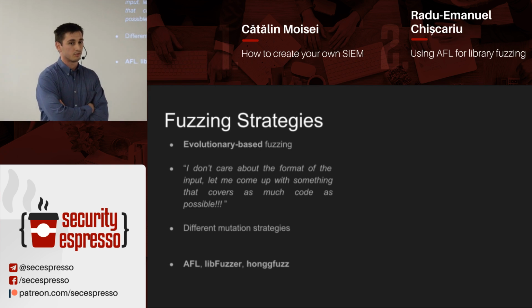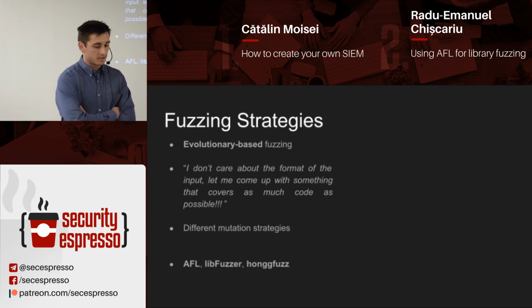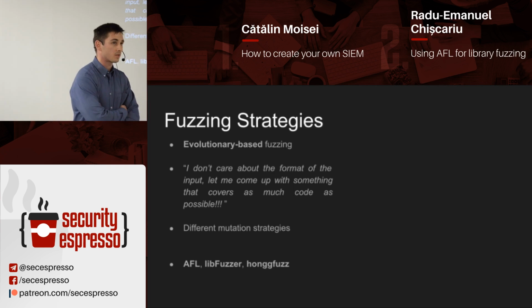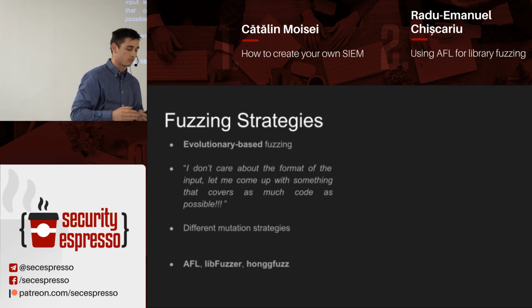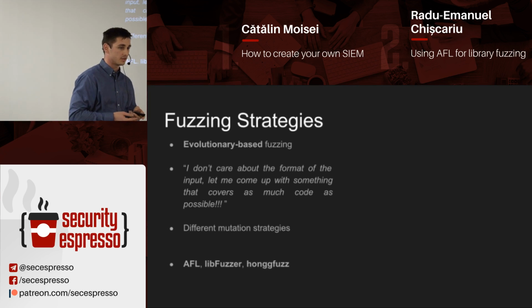Before going into the actual fuzzing, it's important to make some distinctions. There are different strategies to conduct fuzzing, but I have this classification for you. On one side we have evolutionary-based fuzzing, in which we employ genetic algorithms to come up with a certain input that will try to go as far into the code as possible.